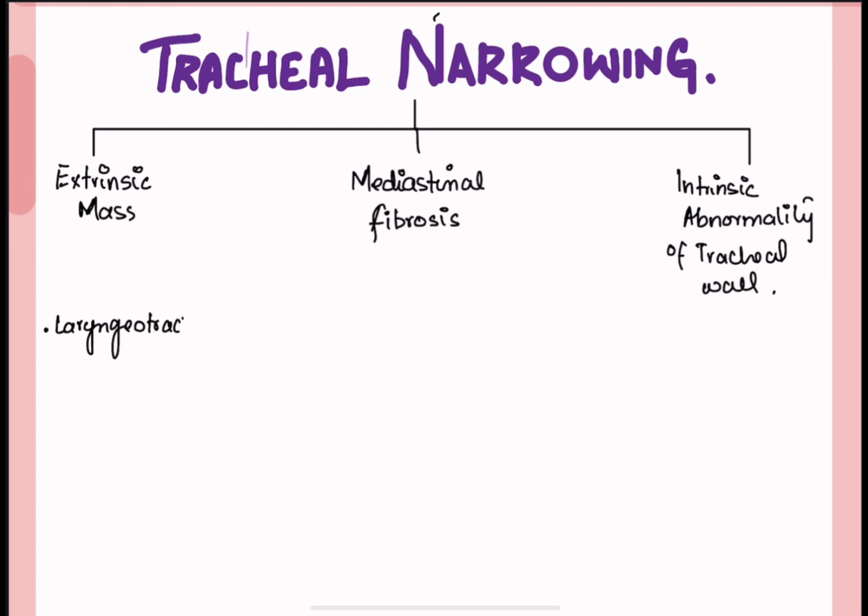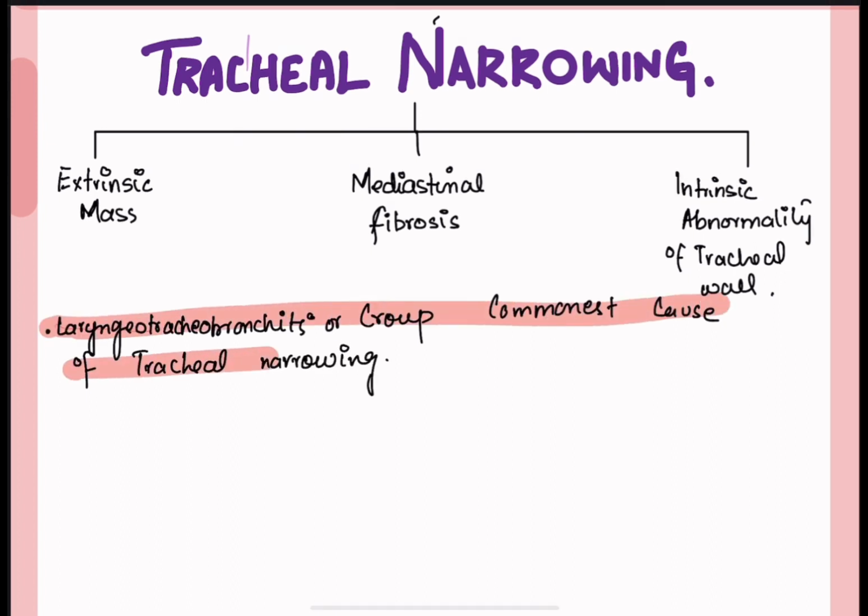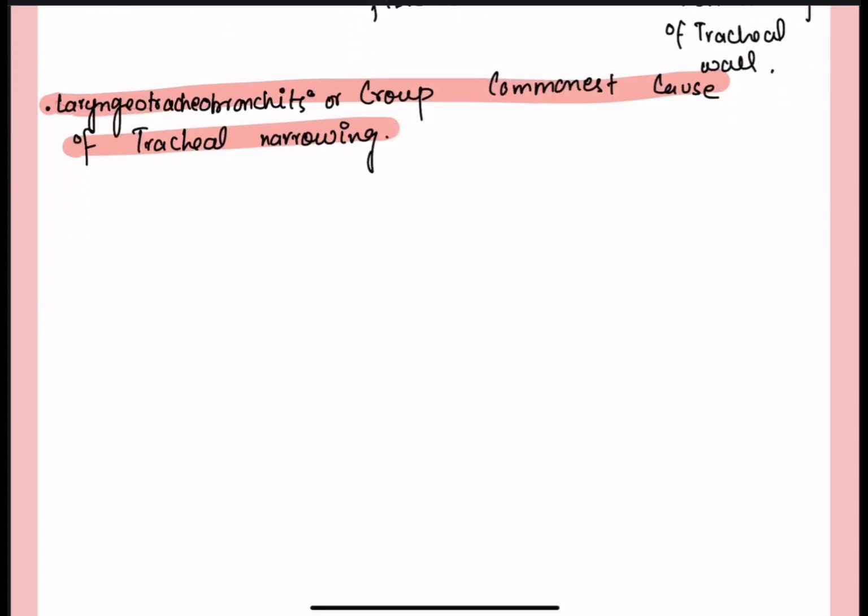There are some infective causes that involve acute or chronic tracheitis, laryngotracheobronchitis, or croup. It is the commonest cause of tracheal narrowing, it's viral, it affects the upper trachea, and often occurs in young children.